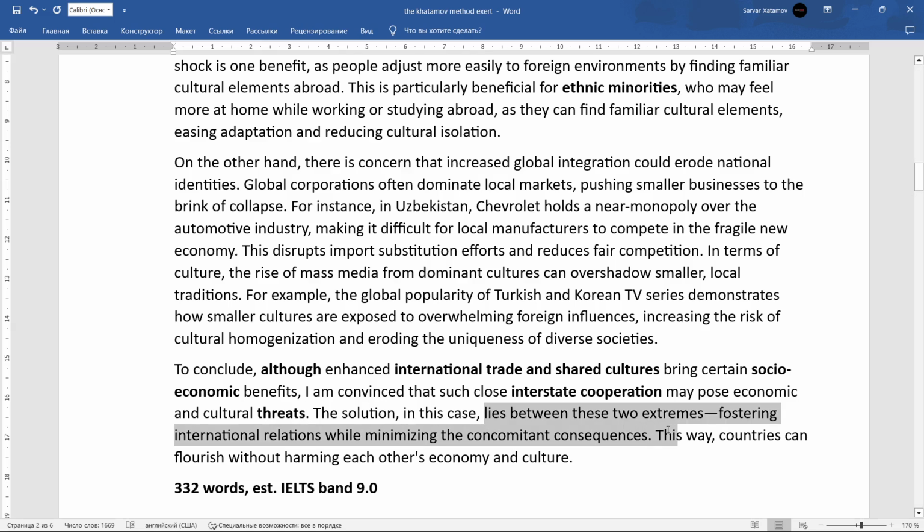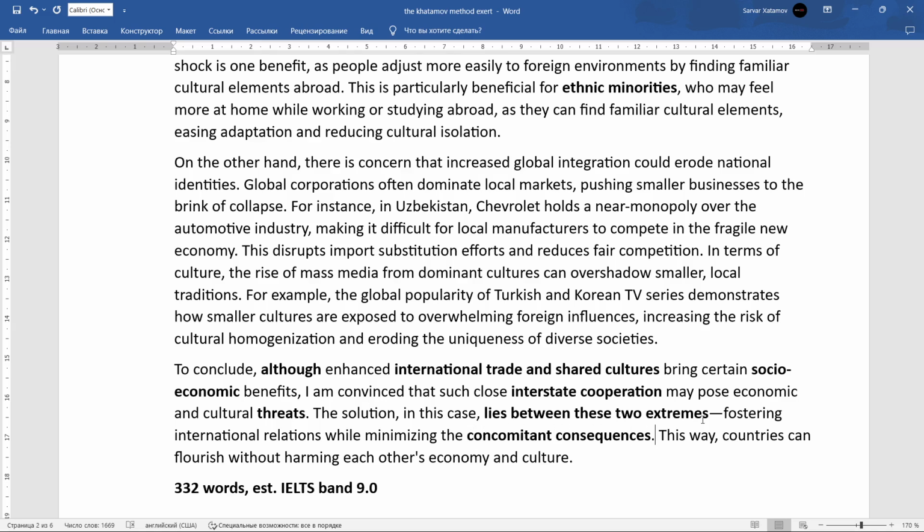Lines between these two extremes are probably one of my favorite phrases. Fostering international relations while minimizing the concomitant consequences. Concomitant consequences. Сопутствующие consequences, right? I'm sorry, I'm just super tired. So at this point, don't mind me incorporating several languages at once.